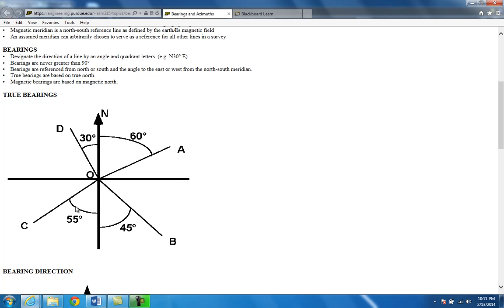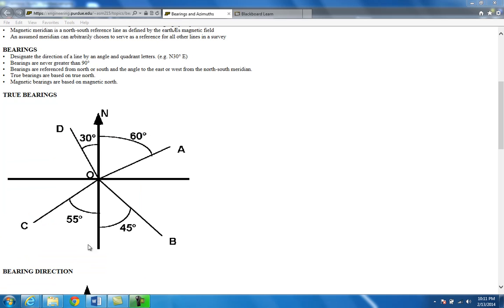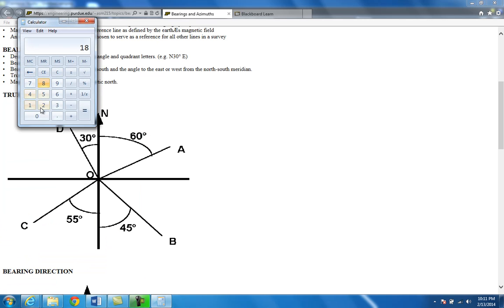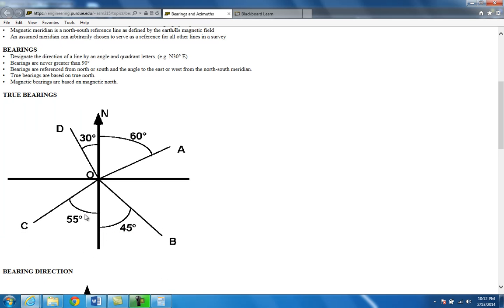So it'll be 180 degrees plus 55. So this south 55 degrees west is the same as a 235 degree azimuth.